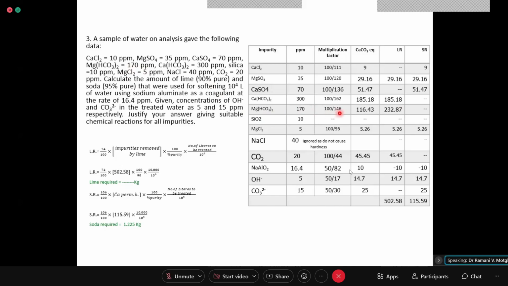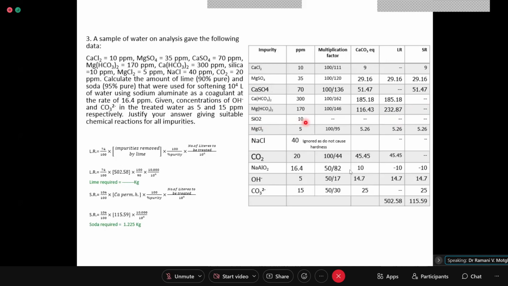So 100 by 146, so 116. Now we know that this is an exceptional reaction, magnesium temporary hardness. So magnesium temporary hardness will require 2 into the equivalents. So it becomes 2 into 116, and here it is not requiring anything.